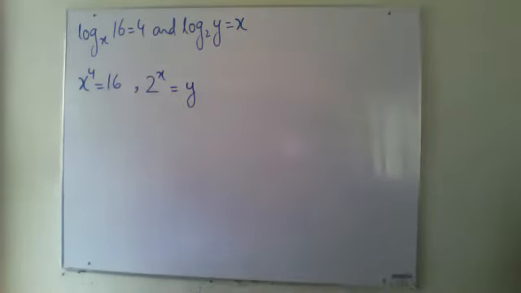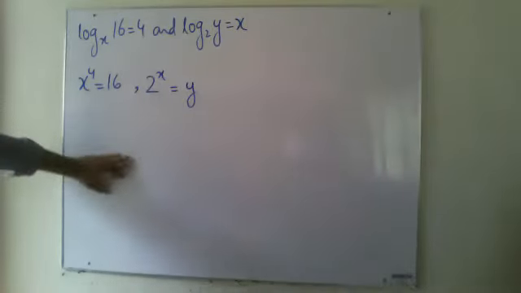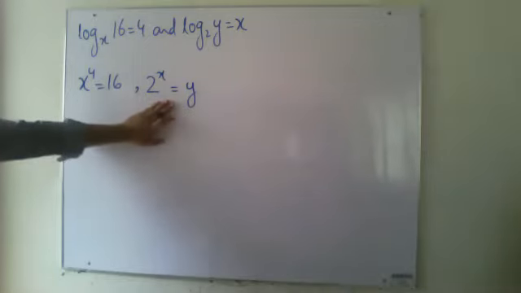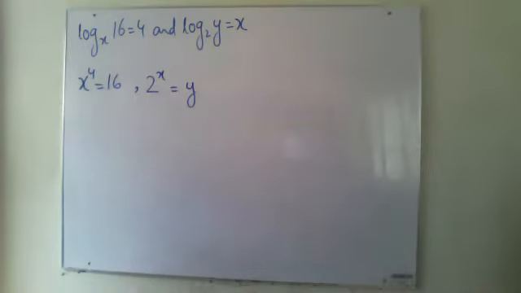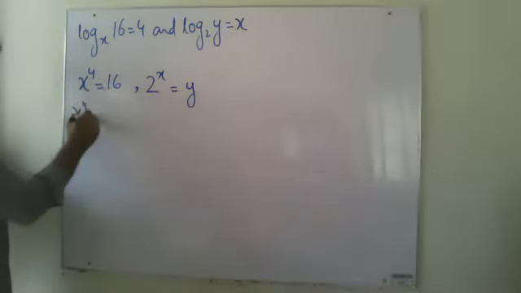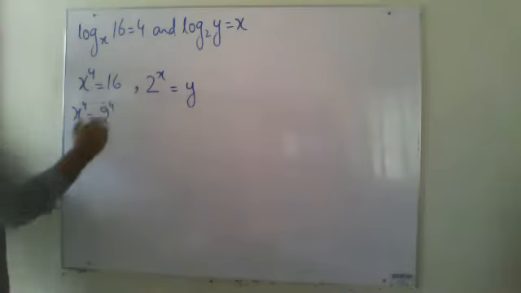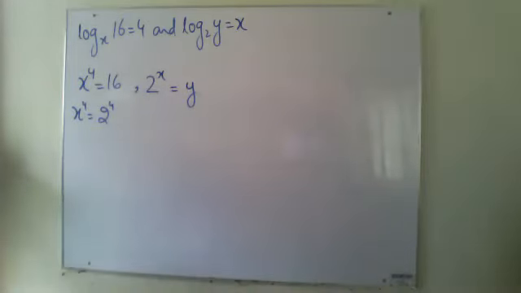Okay. So first of all, I'm going to solve this one. I will get my value, I will plot it over here, and I will have my answer. So x to the power 4 equals 16 means 2 to the power 4. Bases are same, both sides are same.